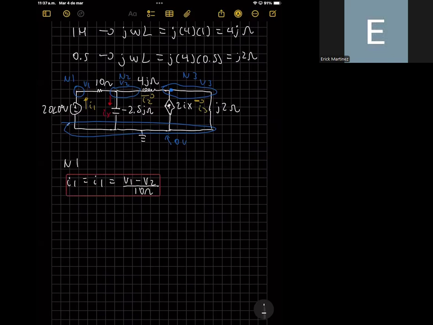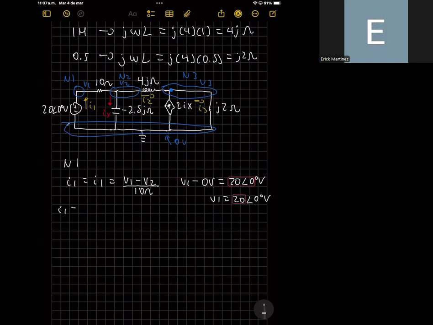So we can say that V1 minus the reference node voltage, that is 0 volts, should be equal to 20 with an angle of 0 degrees volts. So V1 is equal to 20 with an angle of 0 degrees volts.